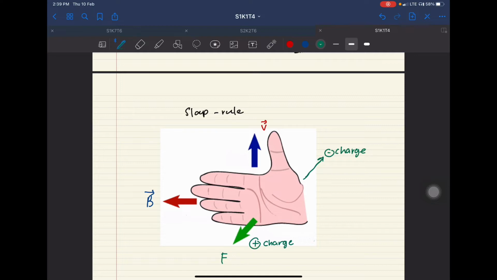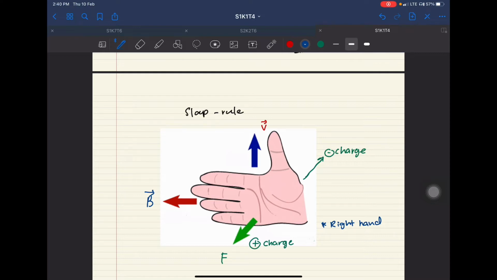So you only have to use one hand, which is your right hand. Let's write it down over here: right hand. Point your velocity, the direction of the charge, with your thumb, and the magnetic field with your fingers, and then you basically slap, whether it's to the front or the back of the hand.